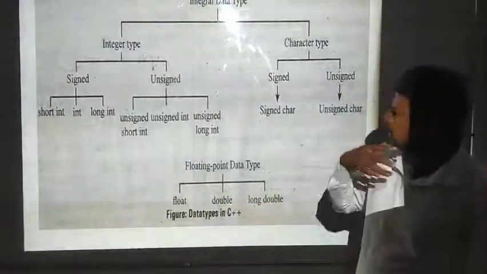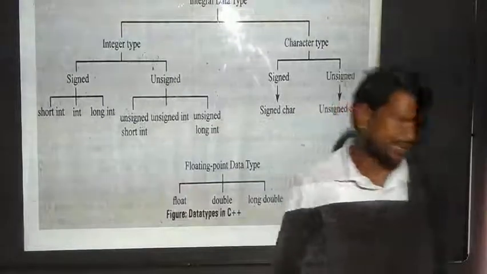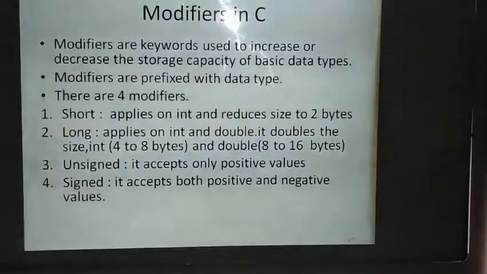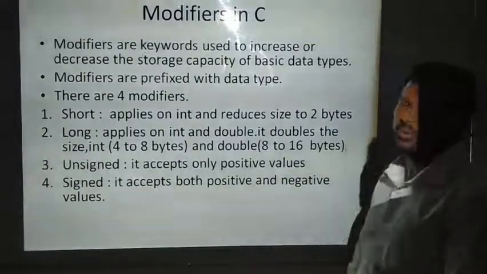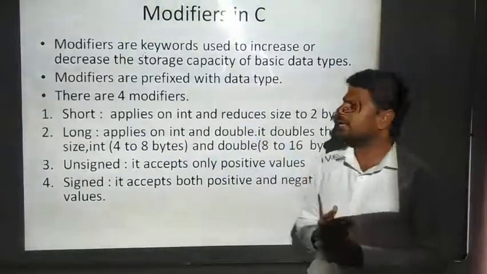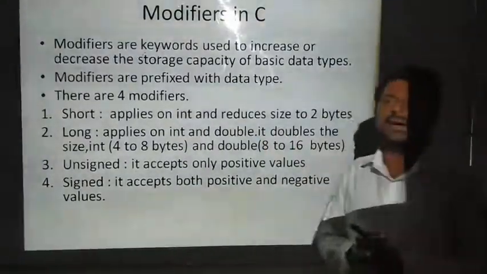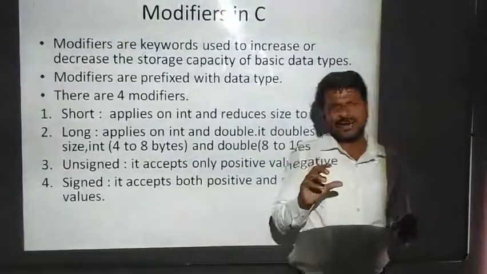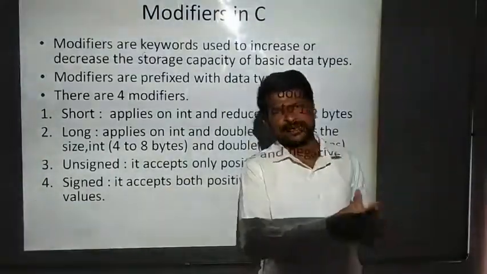Okay, these are the data types in C. What are modifiers? Modifiers are keywords used to increase or reduce the size of the storage capacity of a basic data type. For each and every data type there is a storage capacity, right?